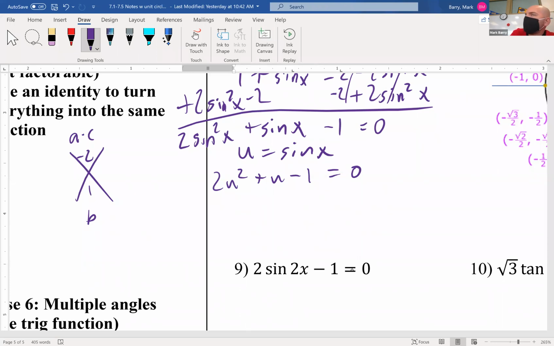So 2 numbers that multiply to -2 and add to 1 would be 2 and -1. So split up the middle term there. And I split up the middle term according to these numbers that came from the x. All right, now grouping.